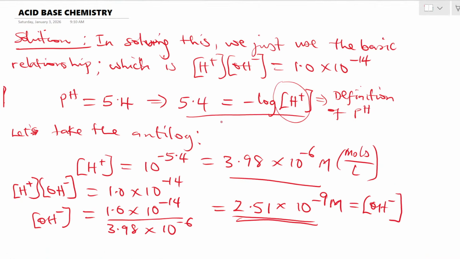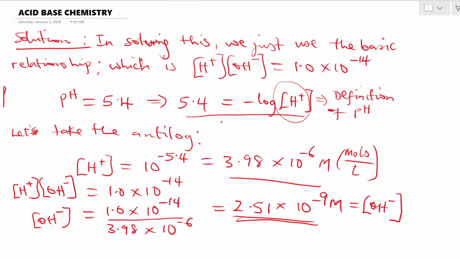Okay, so we are here. When we take the antilog right here, let me use another color so that you could see clearly what I'm driving at. If we take the antilog at this point, what you have is 3.98 times 10 raised to power minus 6 molar, which is the same thing as moles per liter.